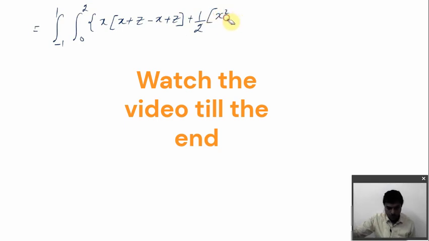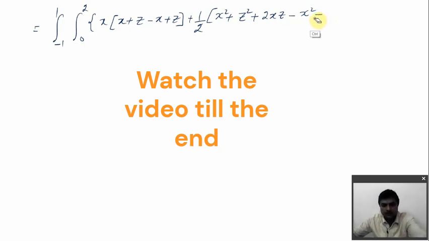So this will give you x square plus z square plus 2xz minus x square minus z square plus 2xz, minus into minus will be there.